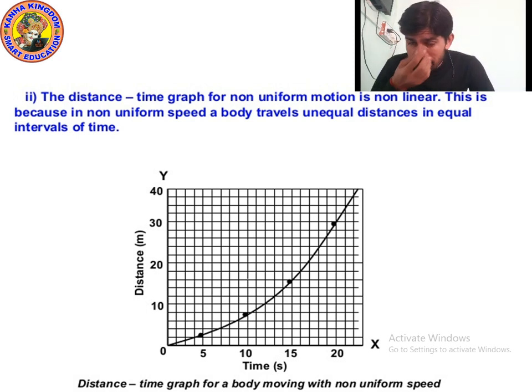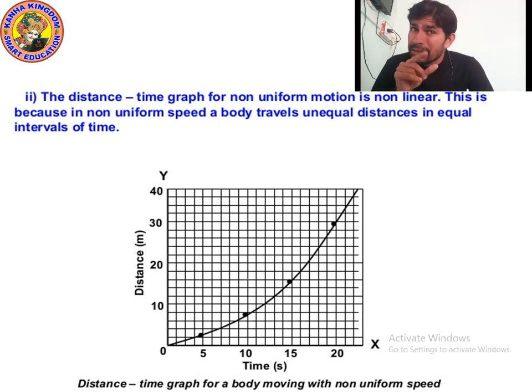Within 5 seconds your bicycle reaches 1 meter, and in the next 5 seconds, total 10 seconds, your bicycle reaches 9 meters. In the next 5 seconds, total 15 seconds, your bicycle reaches 17 meters, and in the next 5 seconds your bicycle reaches 29 meters.